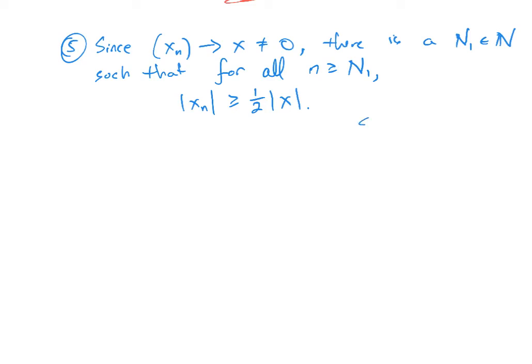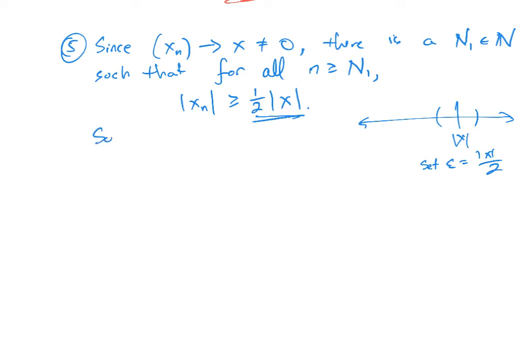Well, if we know that it converges to the absolute value of x, then by the definition, for every epsilon, there exists a capital N. So I'm just going to choose my epsilon to be the absolute value of x over 2 in the definition of the convergence of this sequence. Okay, and then if I'm within absolute value of x over 2 of absolute value x, I'm at least 1/2 the absolute value of x.